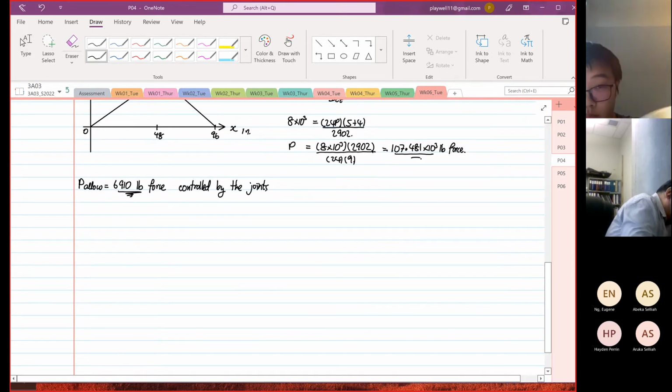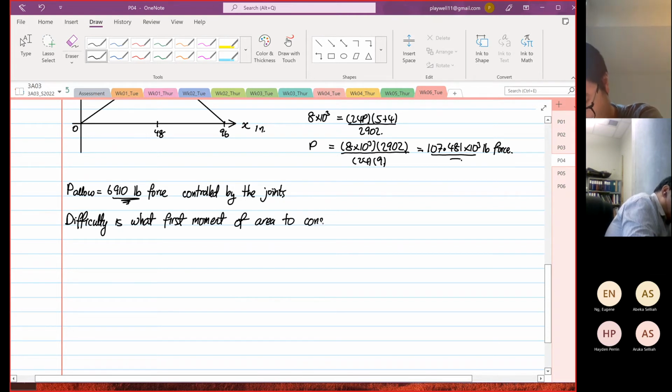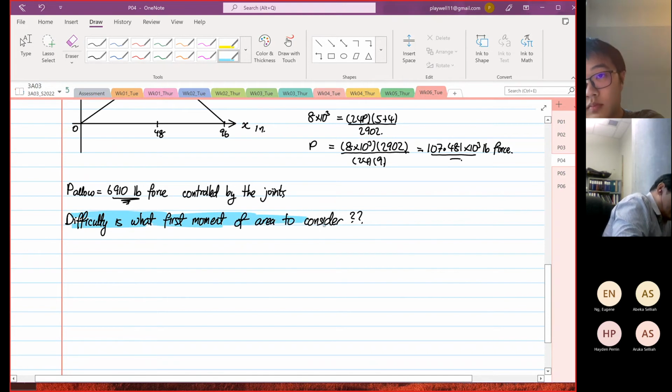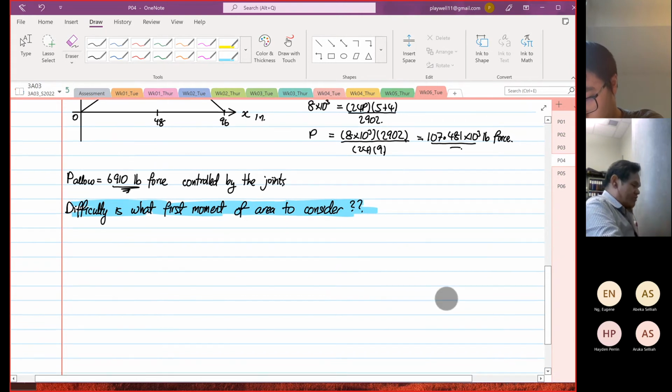The problem is the difficulty in this section is what first moment of area to consider. It's always the most confusing question. I'm going to highlight this. Students always get it wrong: what is the first moment of area? Which is the first moment of area to consider?